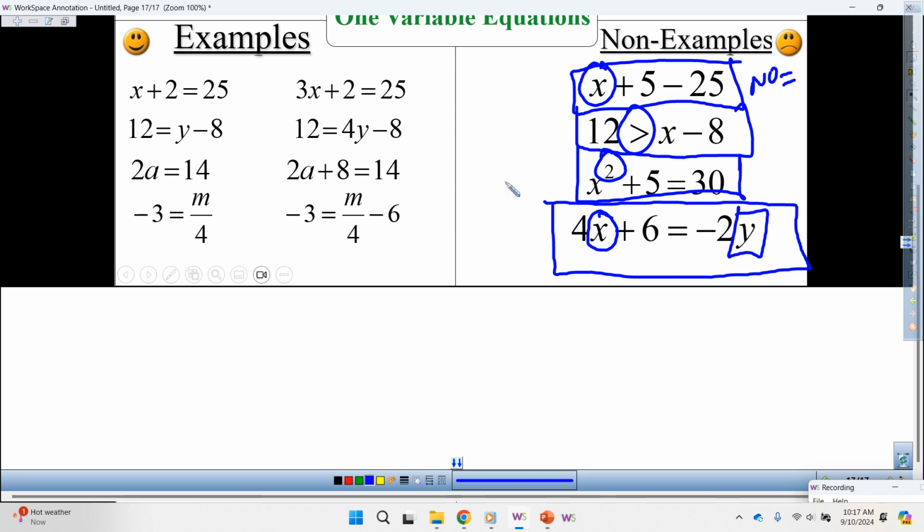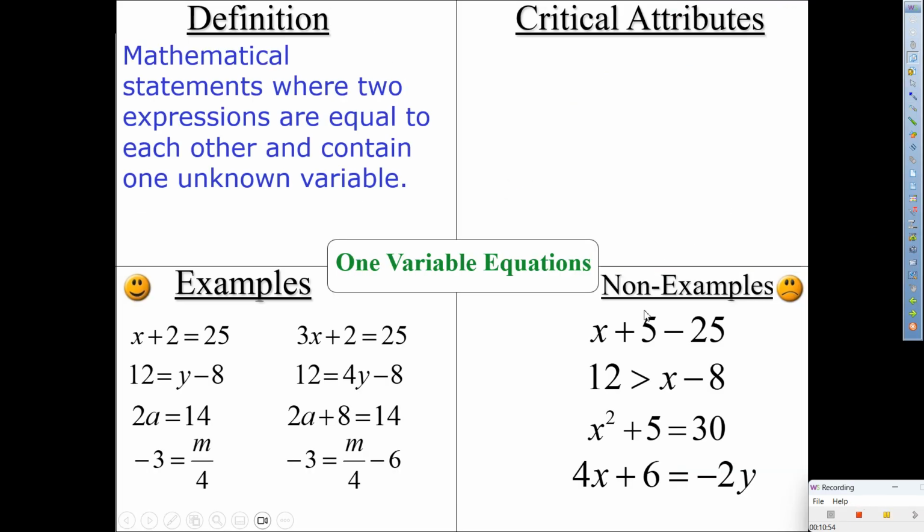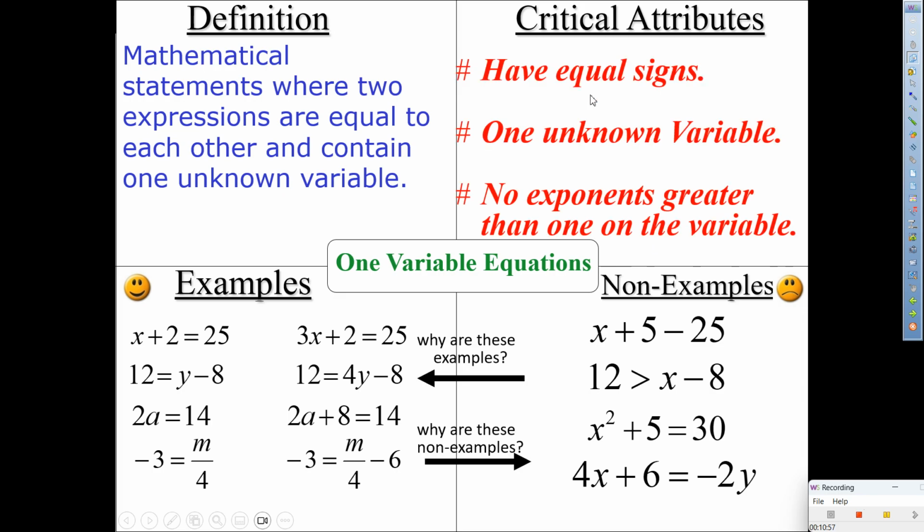So technically it is just one x, but then it's split into two x's and it's still the same variable. However, when we solve it, we end up with two solutions. Therefore, that makes it a two variable. So hashtag have an equal sign, hashtag one variable, and hashtag no exponents greater than one on the variable.